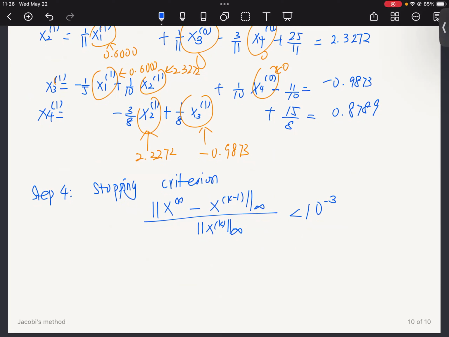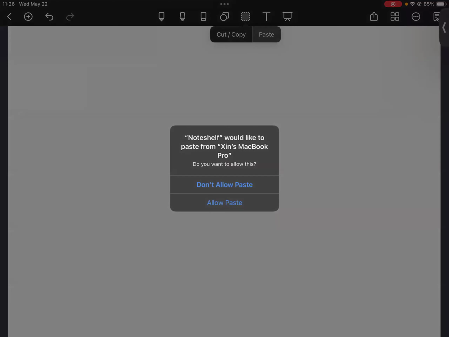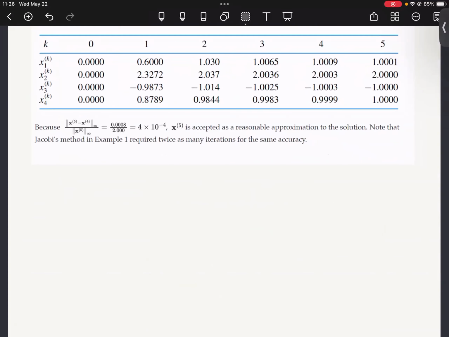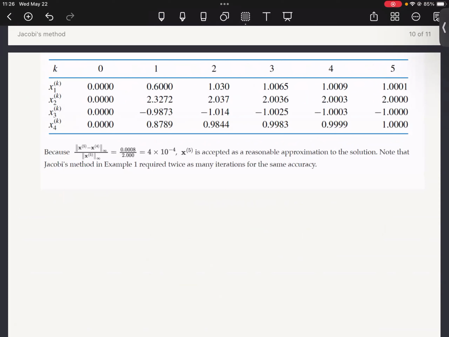Let's see, we have something here. This is the Gauss-Seidel method, and let me get the numerical result here. If you run the program, it will stop at the 5th iteration, the 5th iteration result.